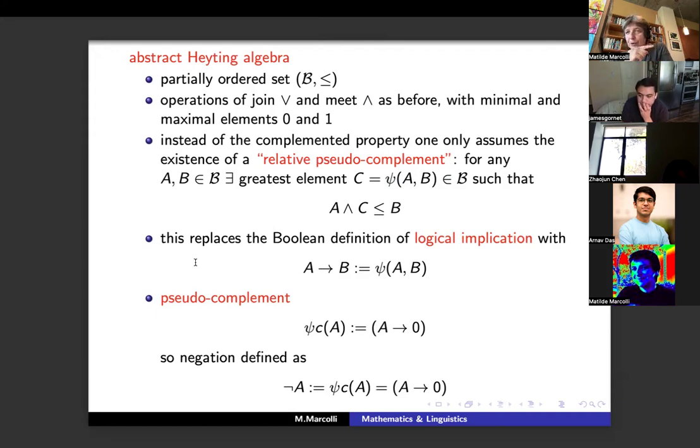So instead of taking A complement union B, you now say that A implies B is defined to be this relative pseudo complement of A and B.